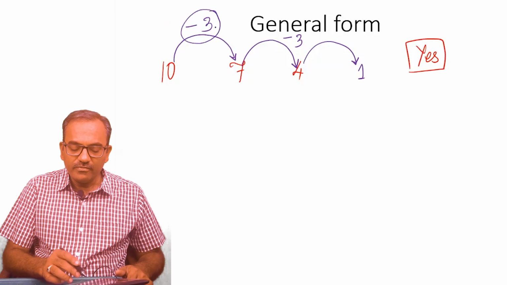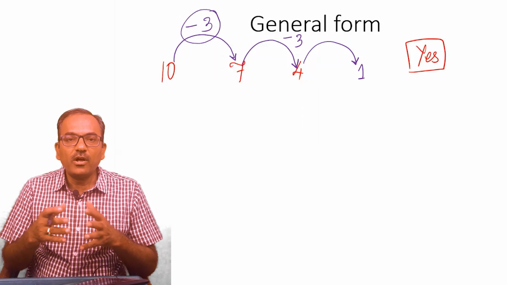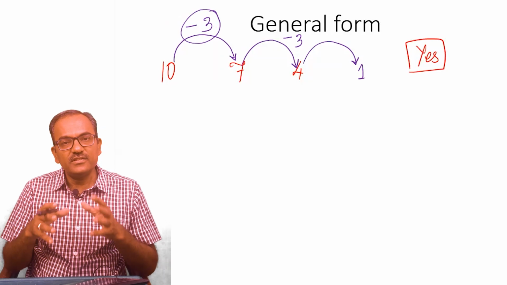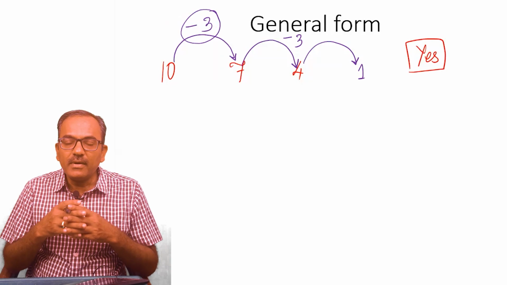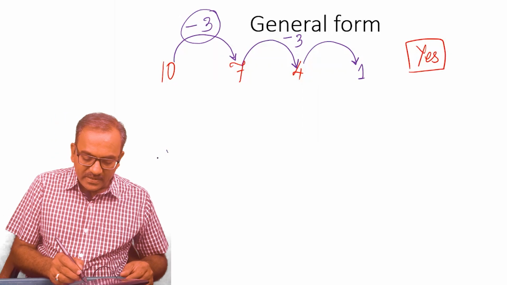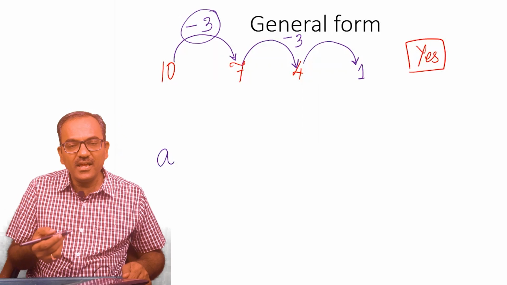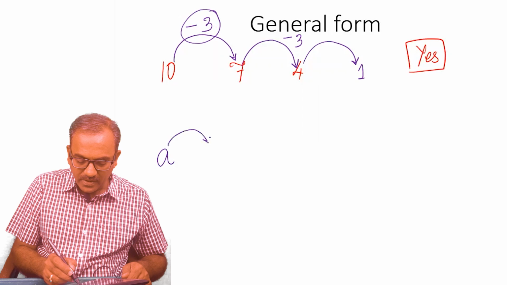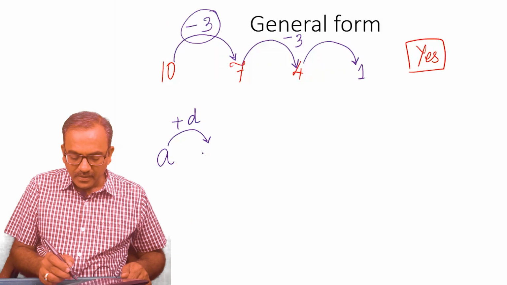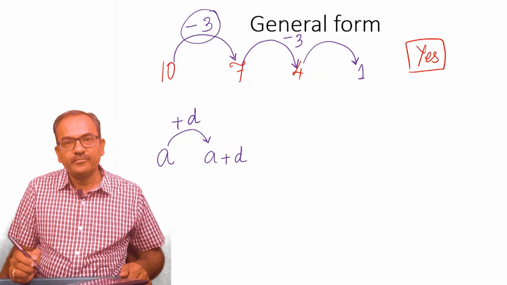This is a particular set of numbers. In the place of these particular numbers, if I take some constants like a and d, how would the general form of an arithmetic progression look? Let us start with a, and I will be adding a constant d every time. So for this a, I add d, then it becomes a plus d, correct?